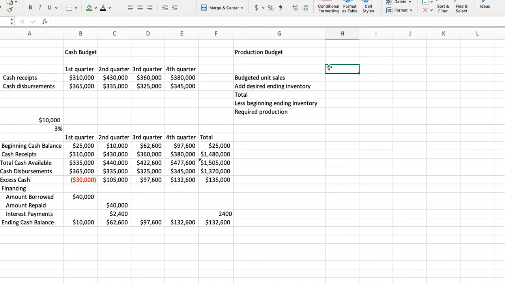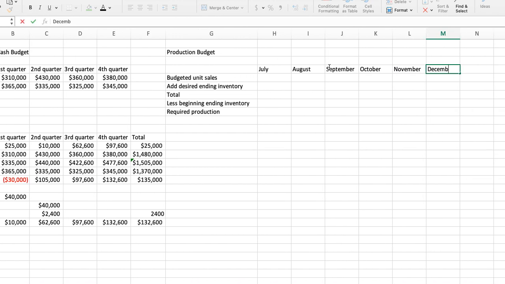And we start with our sales, because obviously we need to produce what we're going to sell. So I'm going to go July, August, September, October, November, December.